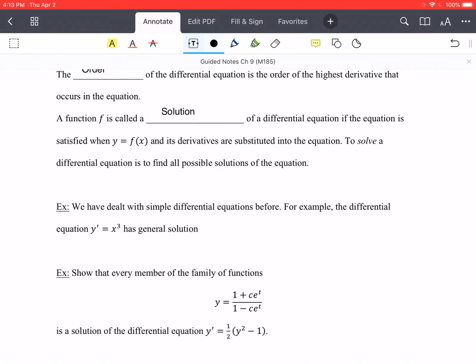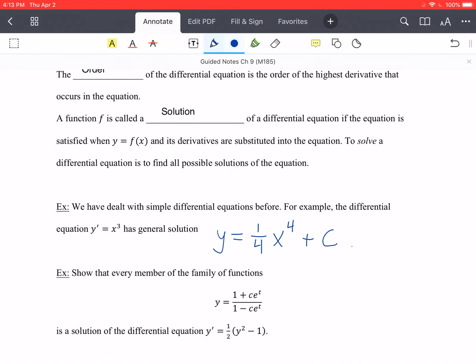We have dealt with functions like this before in a much simpler context. If we have the differential equation y prime equals x cubed, this is a first order differential equation. The general solution to this would be y equals 1/4 x to the 4th plus c.